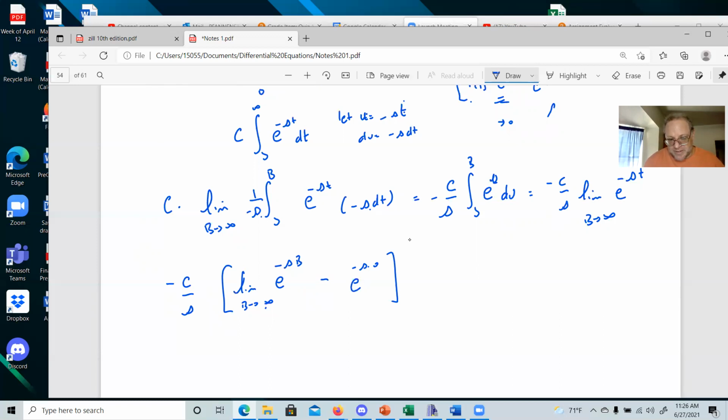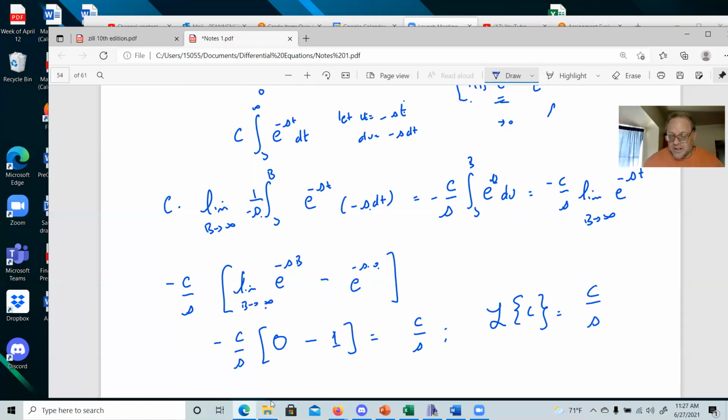This limit is 0. Minus, when t is 0, this is just e to the 0, which is 1. Negative c over s times negative 1 is equal to c over s. So the Laplace transform of a constant is c over this new parameter s.